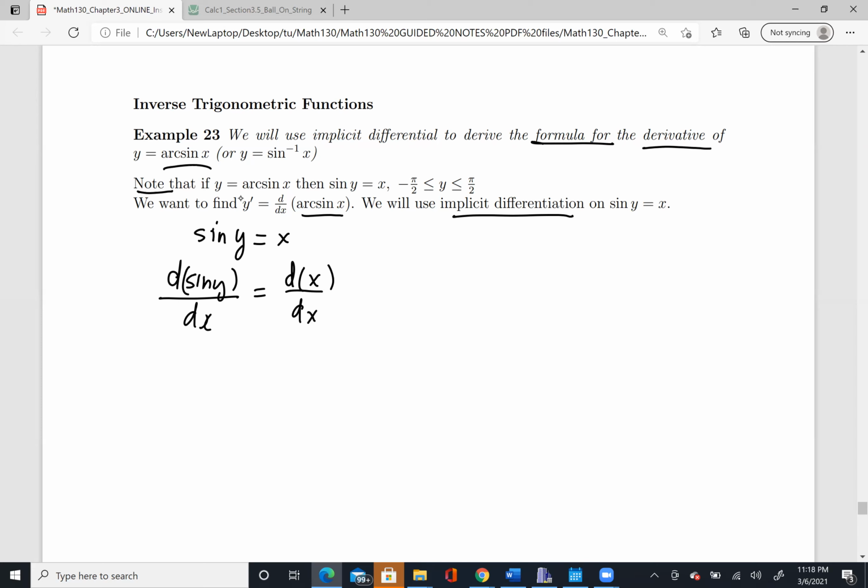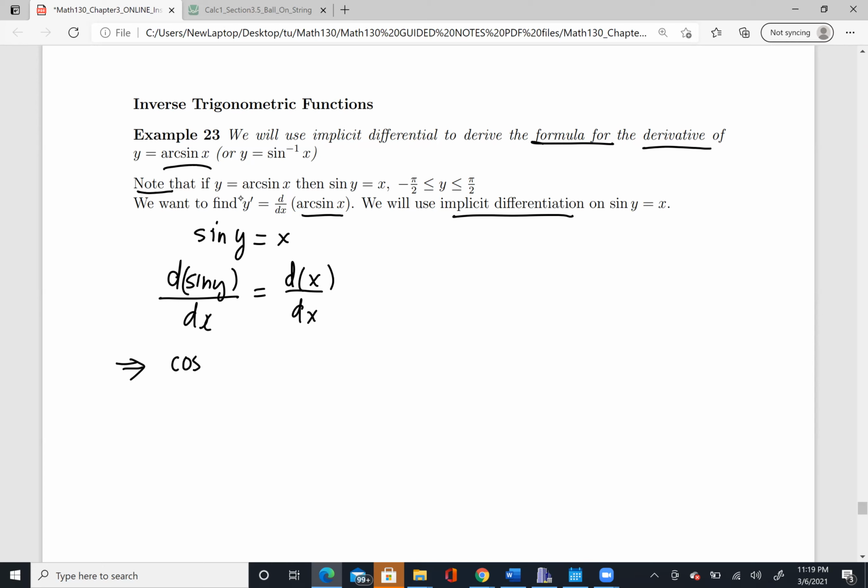And what does that mean? The left hand side, this is a sine of a function of x. y is a function of x, so you still have to use the chain rule here. The first thing is to take the derivative of the outside function, which is sine y.